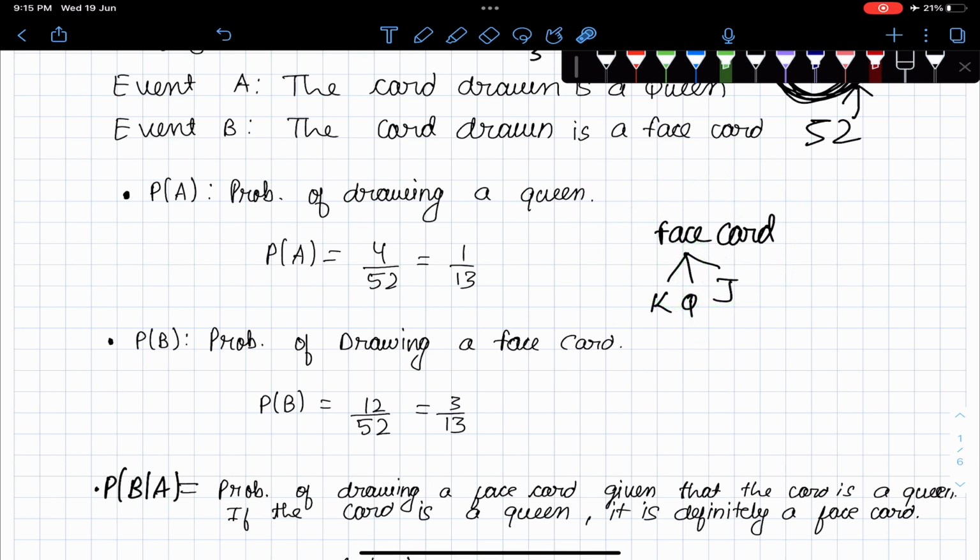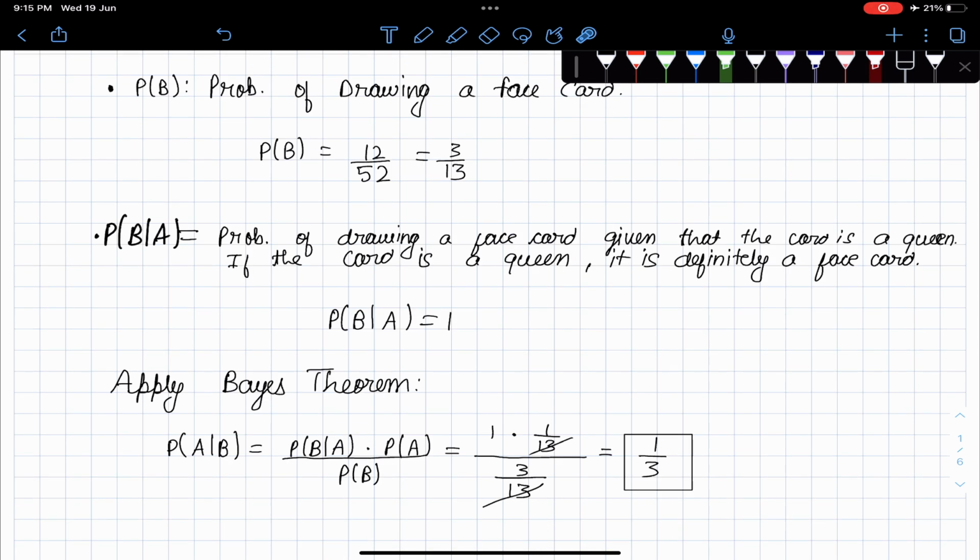There is nothing more to say about that. If it is a queen card, it should be a face card.